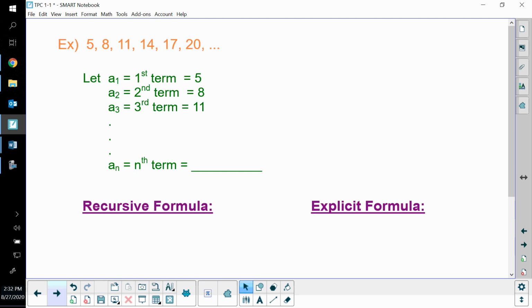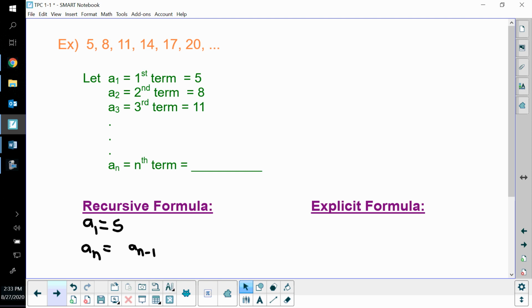So moving down to the bottom of page 1, still with the same thing, let's look at a recursive formula. A recursive formula always has two parts. You first always identify what the first term is. So here we have a1 equals 5. And then next, we're going to always do an equals, and a recursive formula always has an a sub n minus 1.